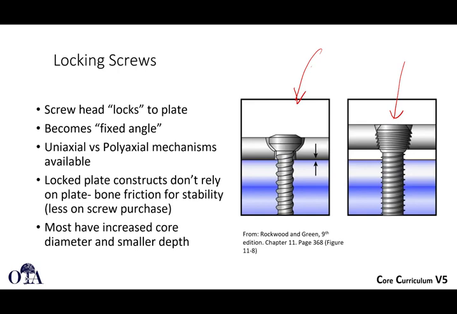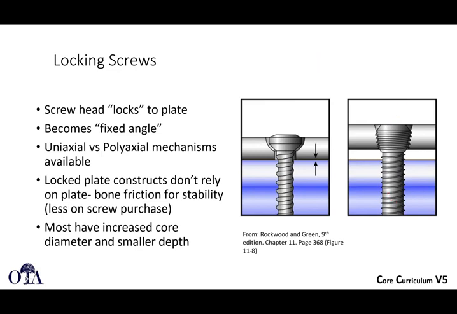Whatever the design is, the screw head is supposed to lock into the plate and create a fixed angle, so it cannot toggle. So this screw cannot toggle in this direction, whereas this one potentially can, depending on the biomechanics of the environment and the bone, etc.